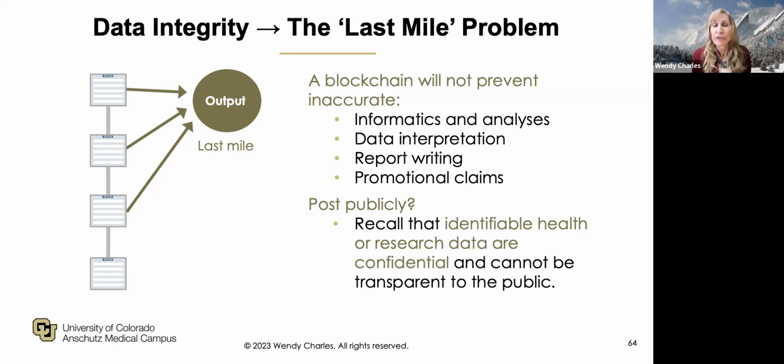And there are some websites for research organizations to do that. But we can't post identifiable health information or data that would constitute PHI because they are confidential. We tell our research participants we're going to protect your data, and we tell them what limitations we have and what data could be released.